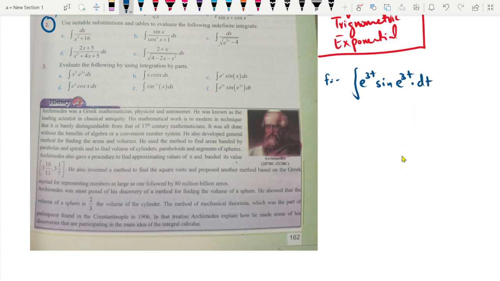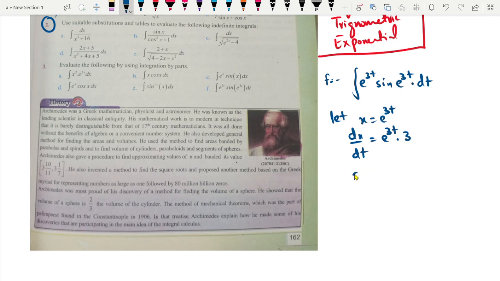Before solving this by integration by parts, we have to make a selection. Let x is equal to e power 3t. So dx divided by dt is equal to e power 3t into 3.